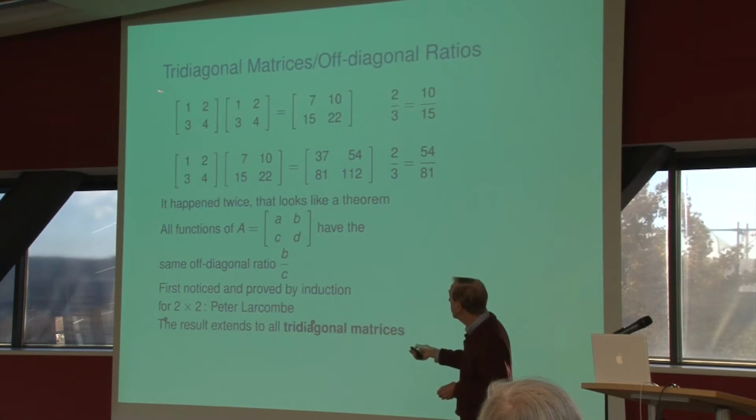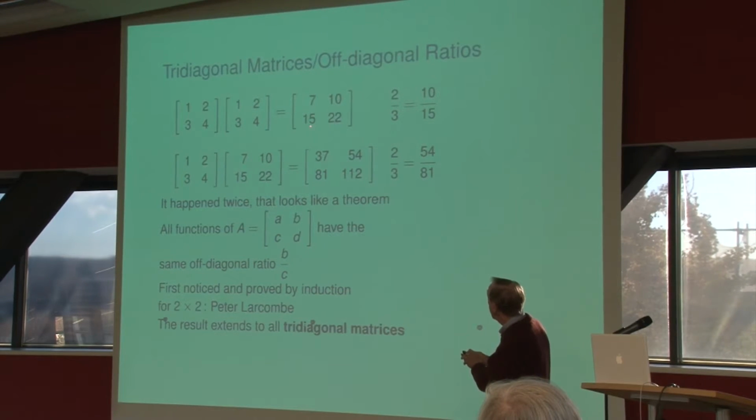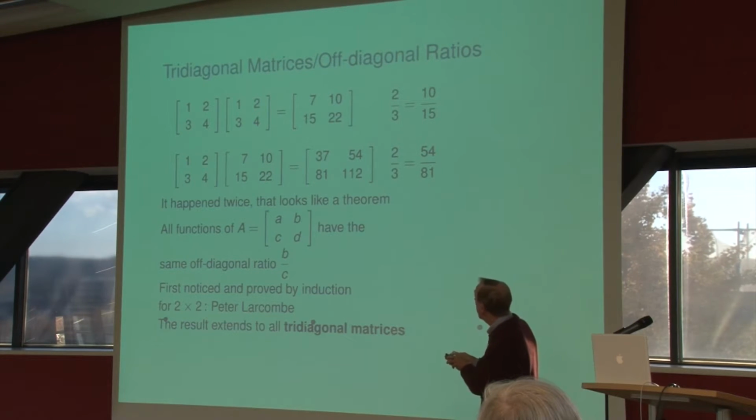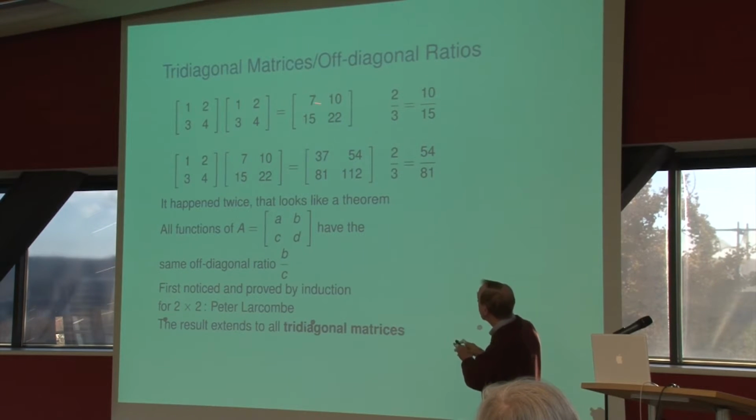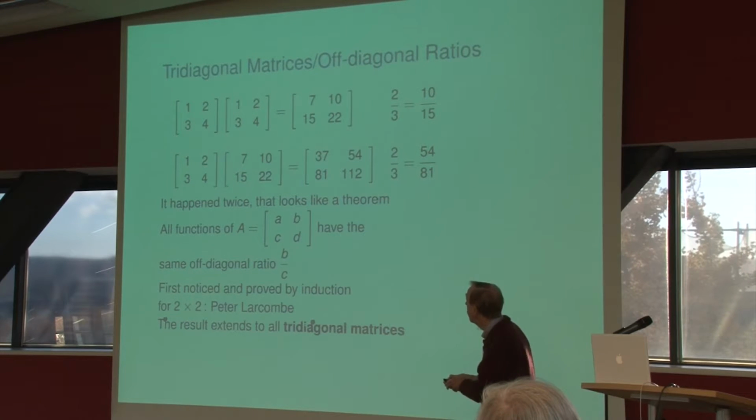So he took a pretty random 2x2 matrix, and squared it, and got that answer. And then the observation by this Peter Larkham was that the ratio 10 to 15, this ratio off the diagonal, was the same as the original, 2 to 3.